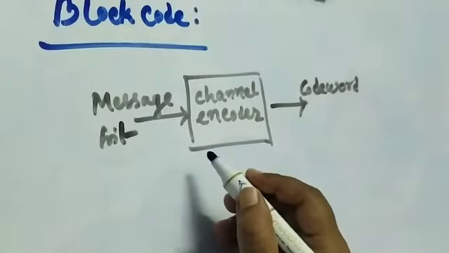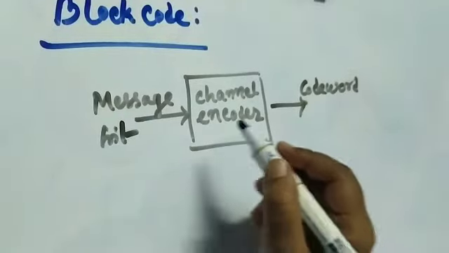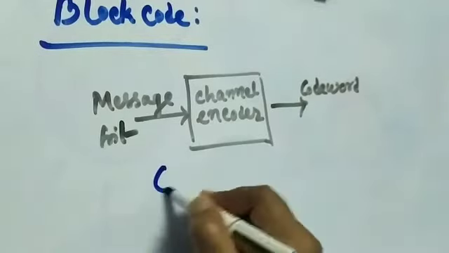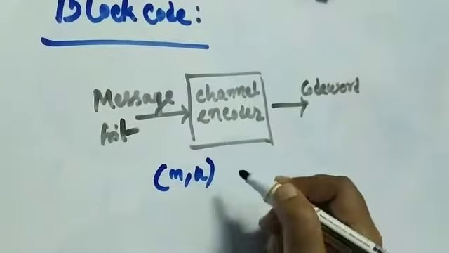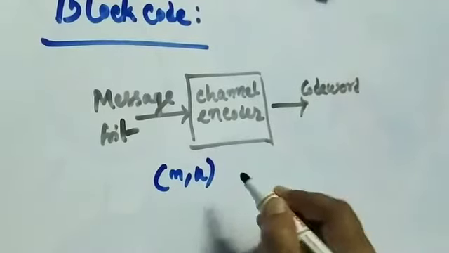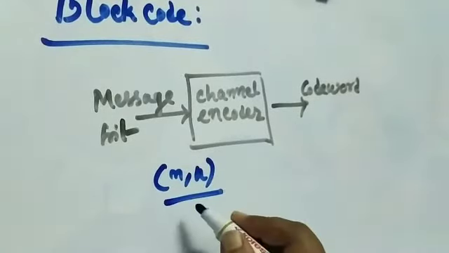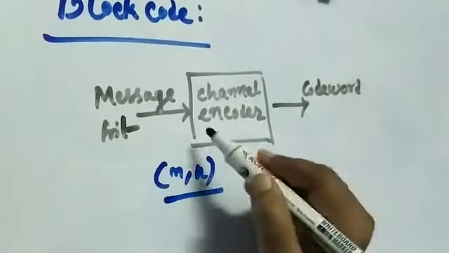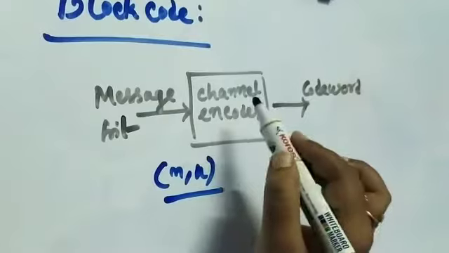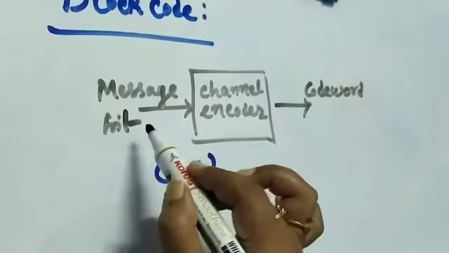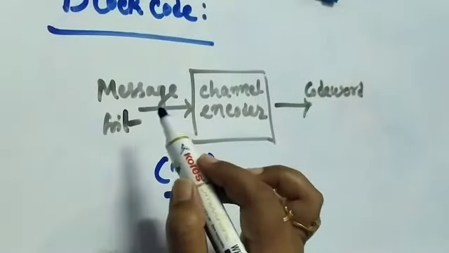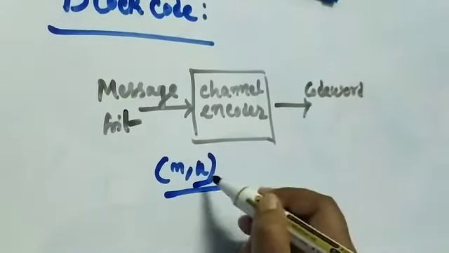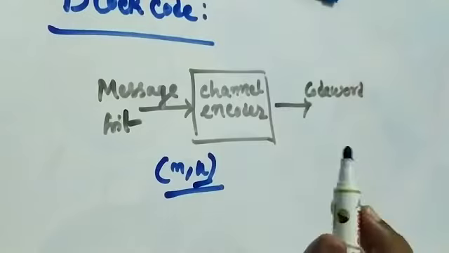The following figure will show you the generation of a block code. A block code is represented as an (N, K) block code. This is the channel encoder. The channel encoder accepts the message bits or information bits, which consist of a K-bit block.